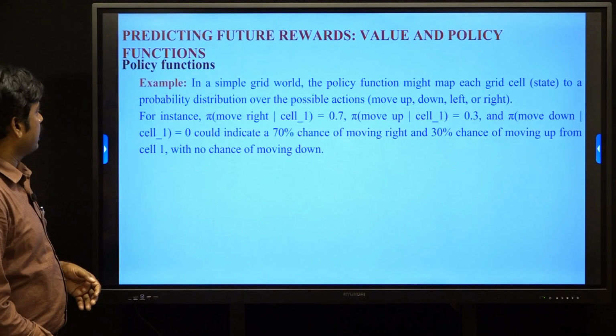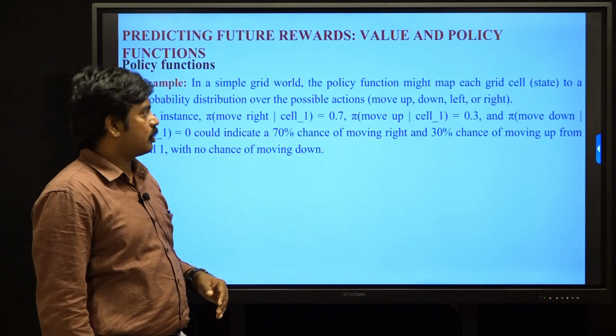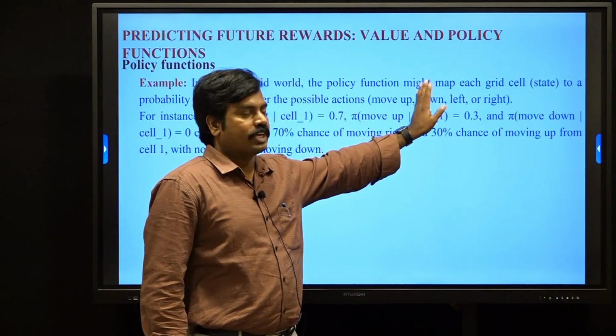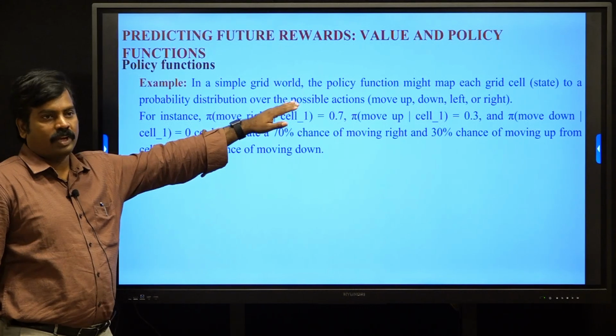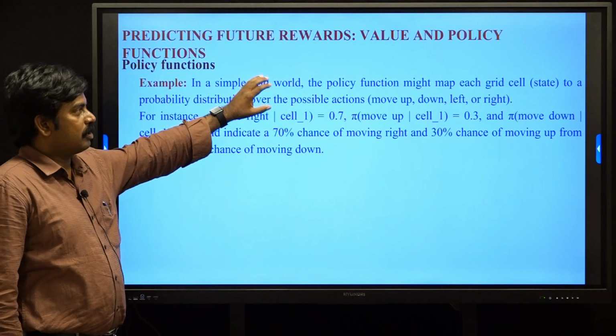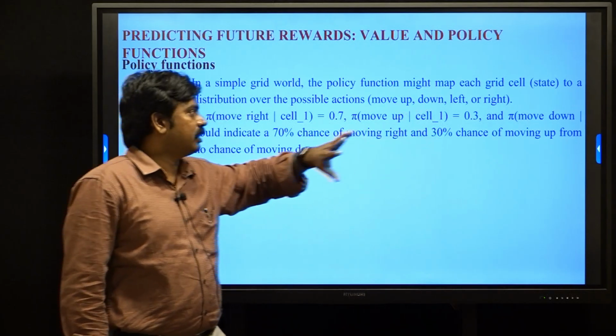Here is an example in a simple grid world. The policy function might map each grid cell to a probability distribution over the possible actions. The grid cell is the state. The possible actions are move up, move down, left and right.